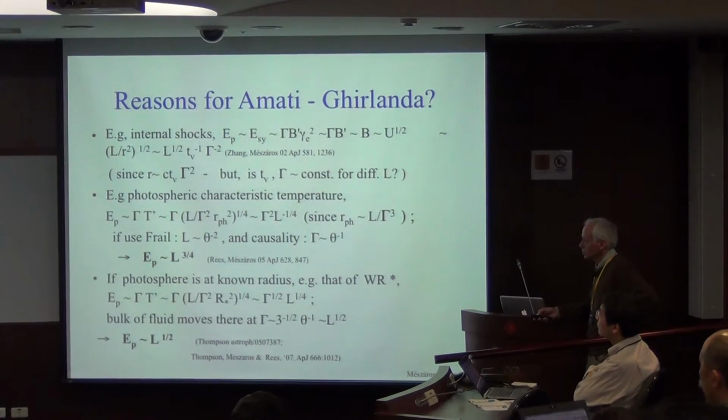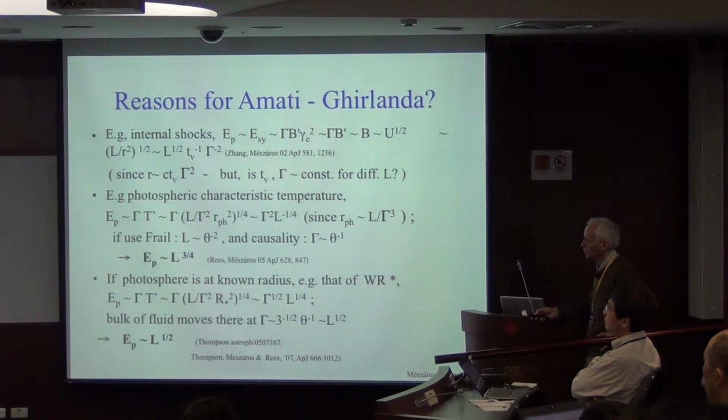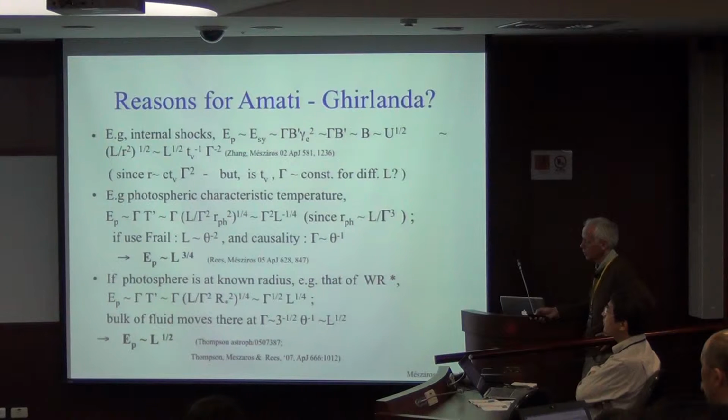In internal shocks, you can more or less explain the Amati relation, because the Ep is the synchrotron peak frequency, and the synchrotron peak frequency is proportional to the bulk Lorentz factor to get to the observer frame. Then in the rest frame of the gas it's proportional to the magnetic field strength and the random electron Lorentz factor squared.